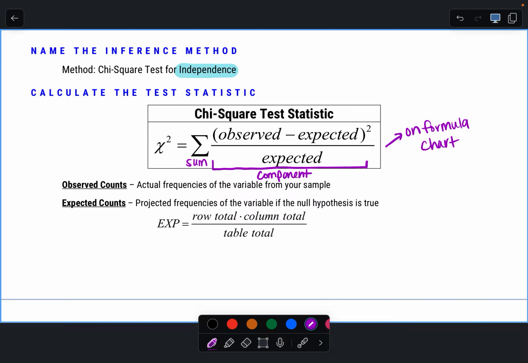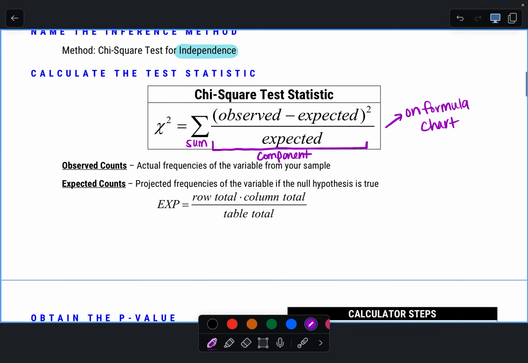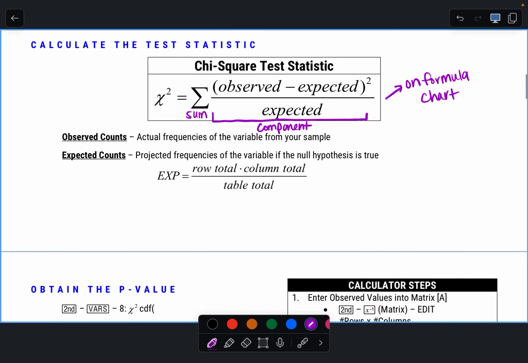To get the expected values, there is a formula that you have to use: row total times column total over table total. But again, this is probably not going to be what you have to do by yourself. You're going to put the data in the calculator, run the test in your calculator, and get your values back out.